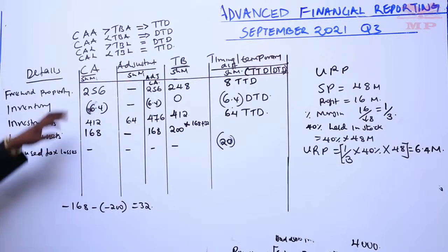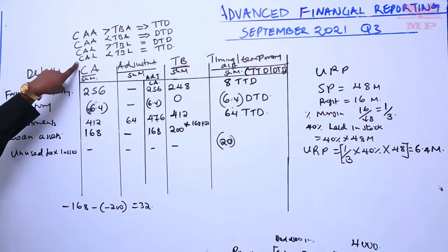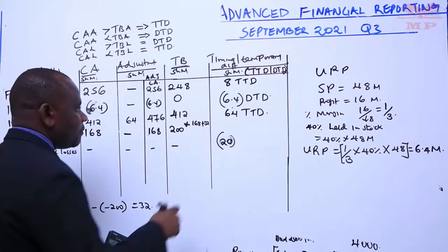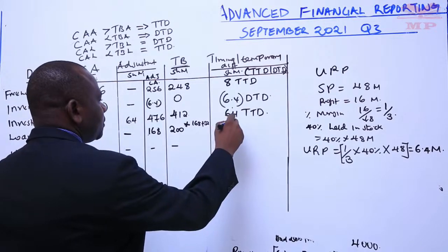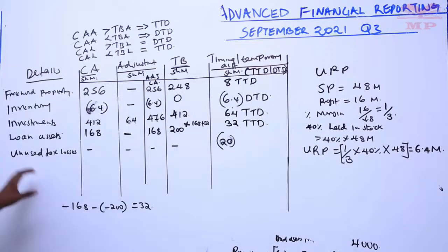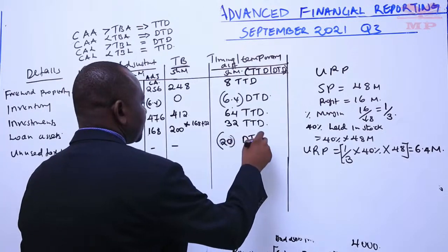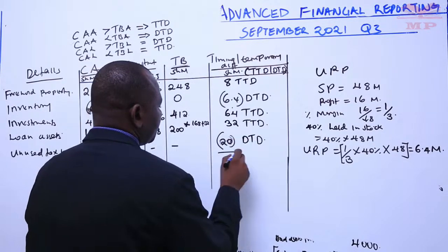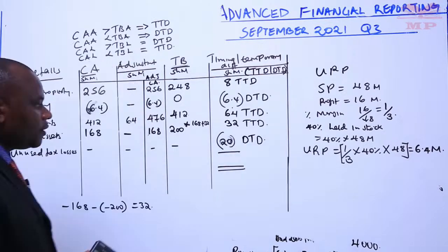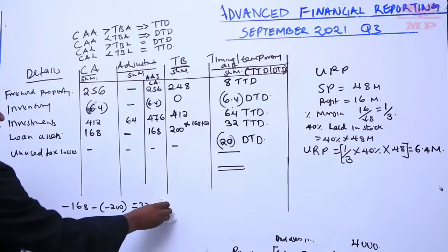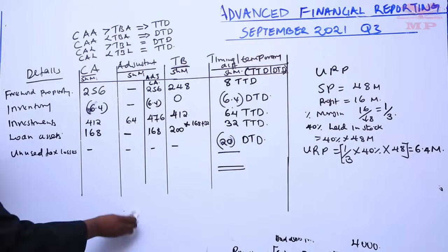And if you come back here, when the carrying amount of a liability is less than the tax base of the liability, you get a taxable temporary difference. The unused tax losses result in a deductible temporary difference according to IAS 12. So we get one figure that could be either deductible or taxable.